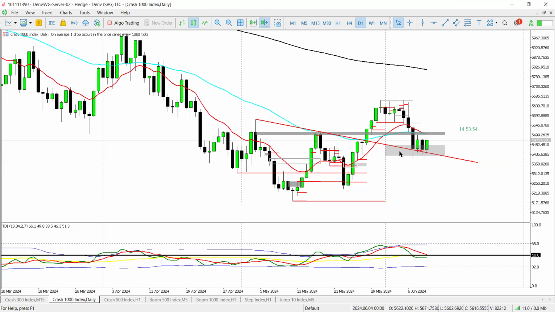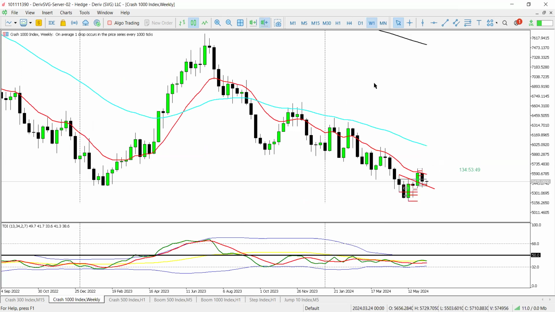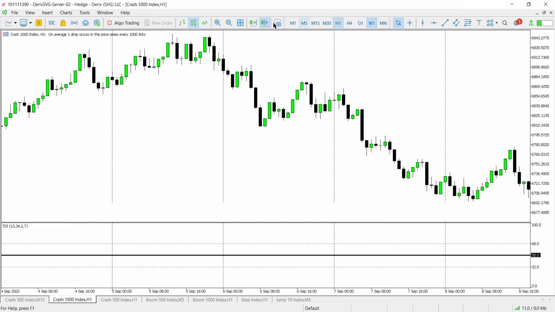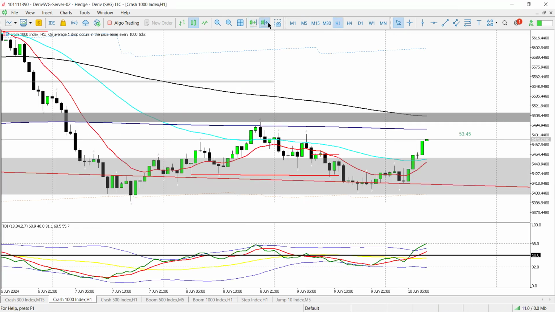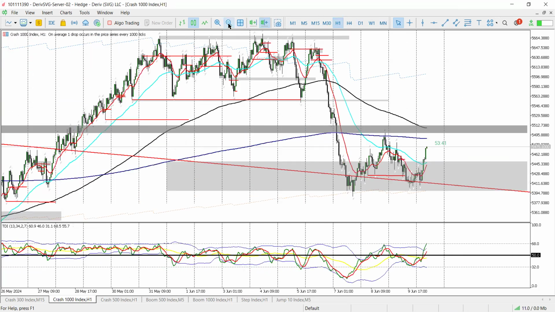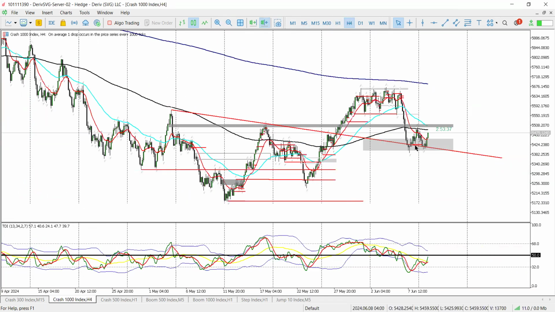I'm trying to figure out where I drew this gray zone from. Let's see. I'm actually not quite sure, but anyways, you can also see we've got this nice W pattern here.